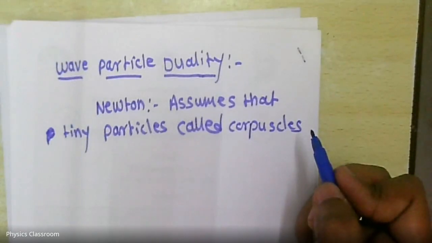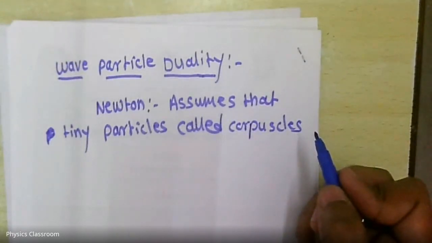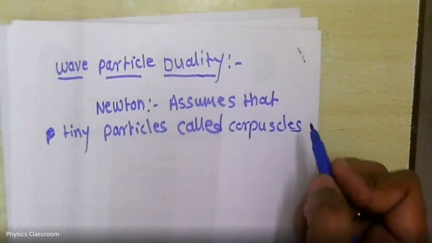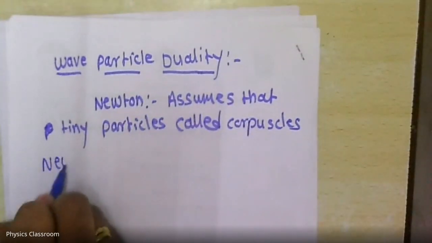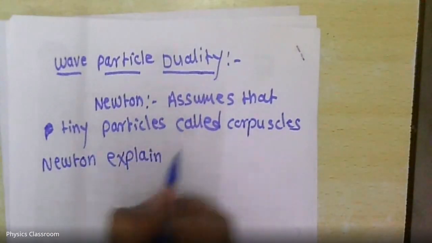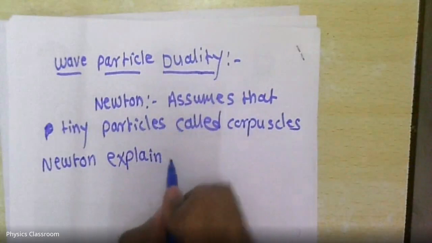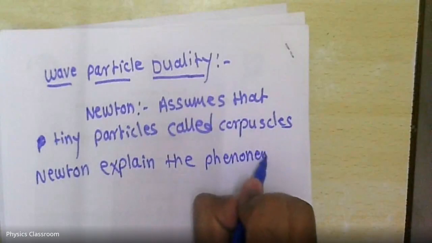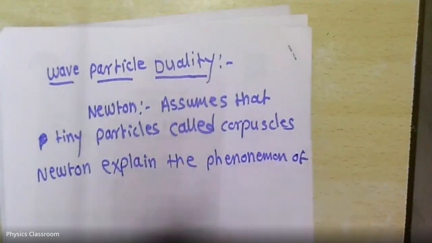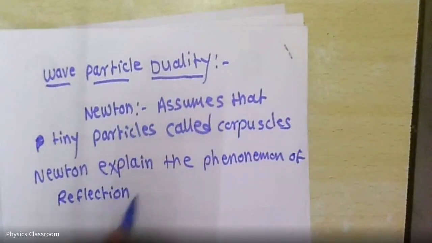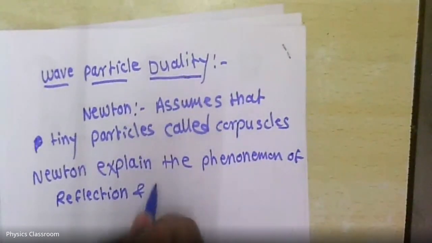Using Newton's corpuscular theory, he could explain the phenomena of reflection and refraction.